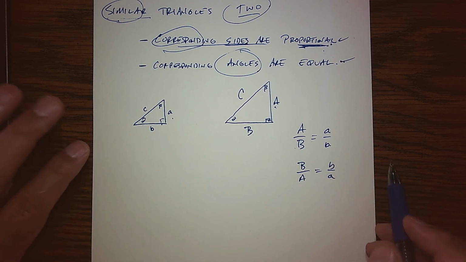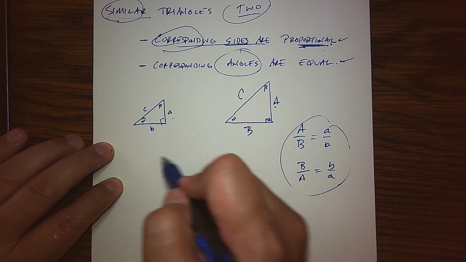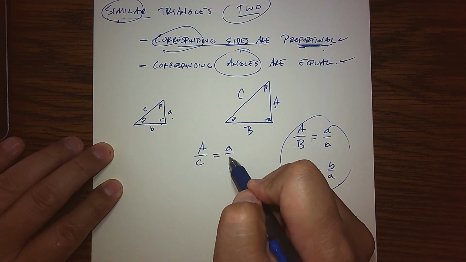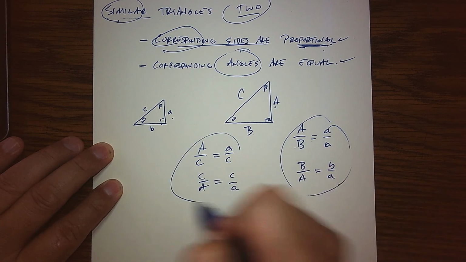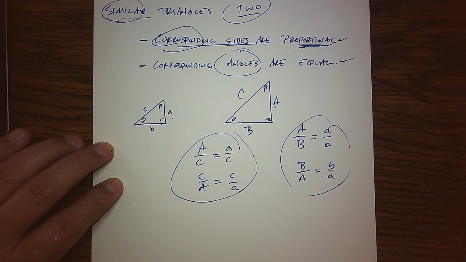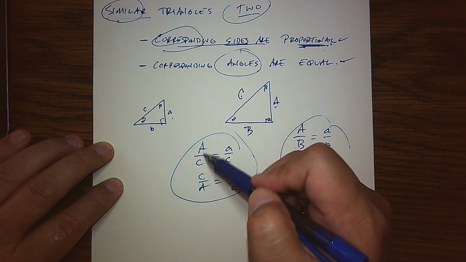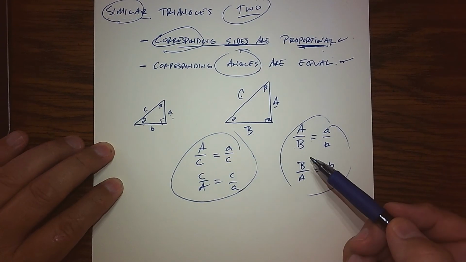And of course, there's a lot of proportions here, right? So there's one set of proportions. We could also say that capital A to C is the same as lowercase a to c, or we can reverse that, right? So there would be another set of proportionalities there. So this capital A related to that capital C, and that fraction is related to the fraction a over c. And of course, then we also have the reciprocal.